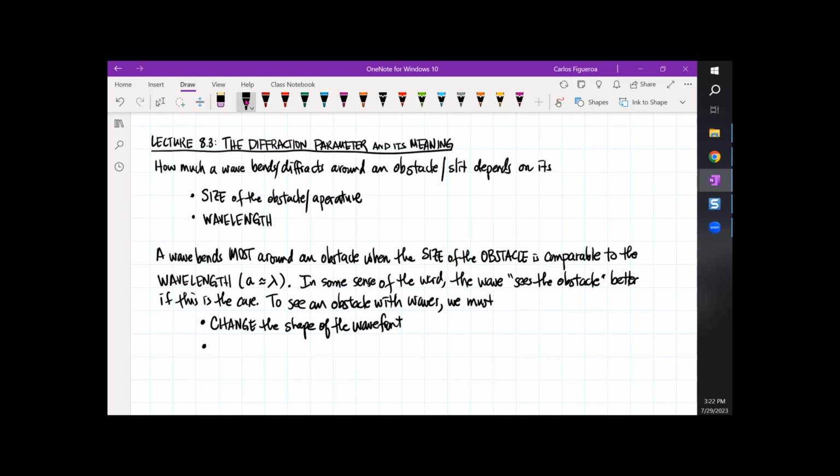And another thing here, if a detector is placed, it must measure a difference in wave pattern / intensity.